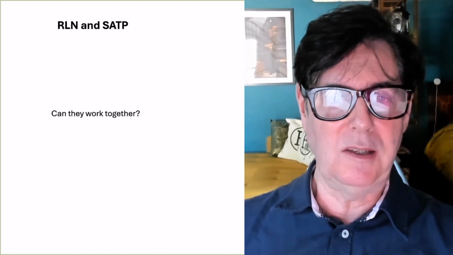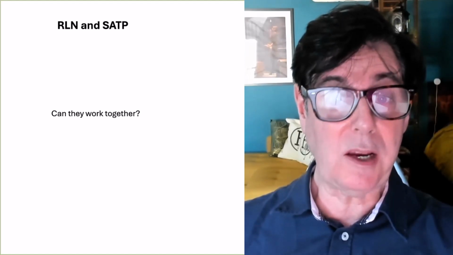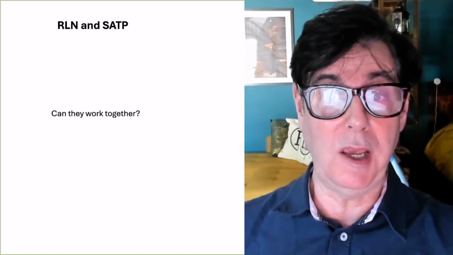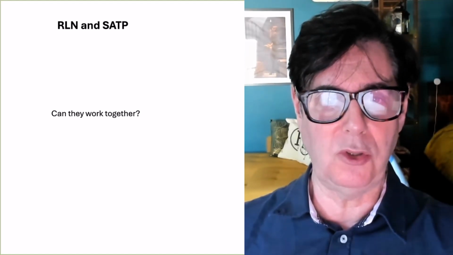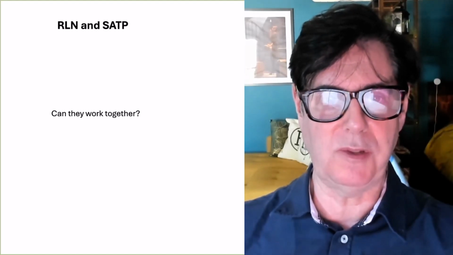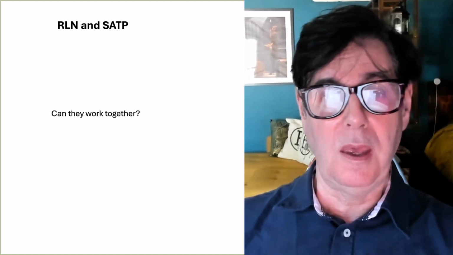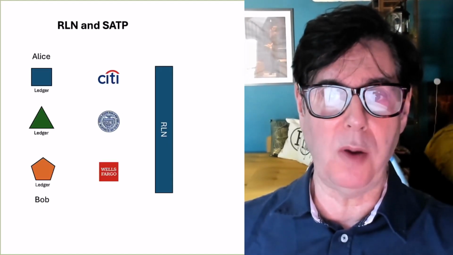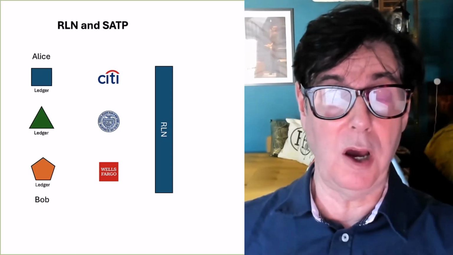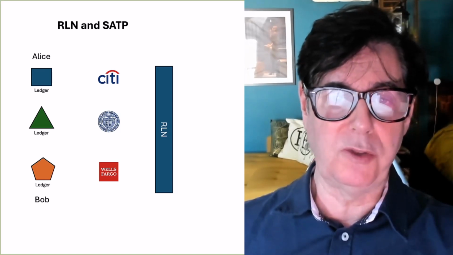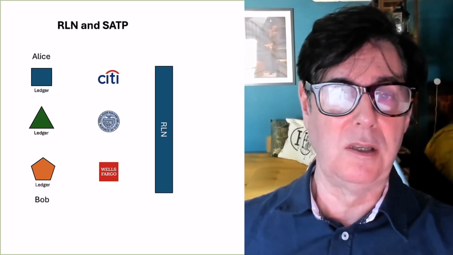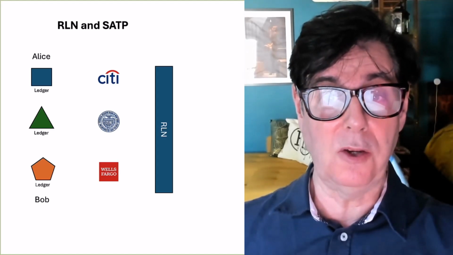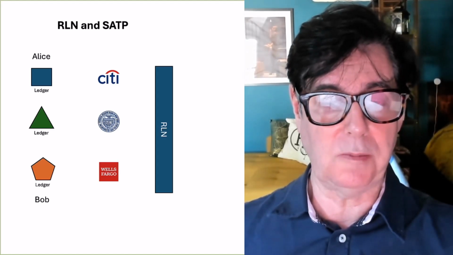The RLN is an orchestrator or transaction manager that coordinates a number of ledger updates to achieve an atomic transaction of some kind. Here we show how Alice at Citi can transfer US dollars to Bob at Wells Fargo on the RLN. It involves changing three ledgers: Citi's, Wells Fargo's, and the Federal Reserve ledger.